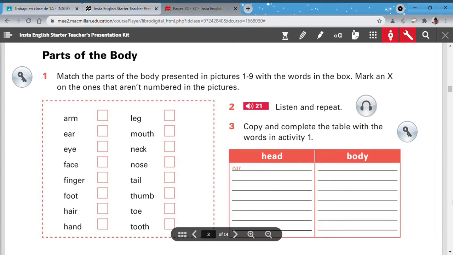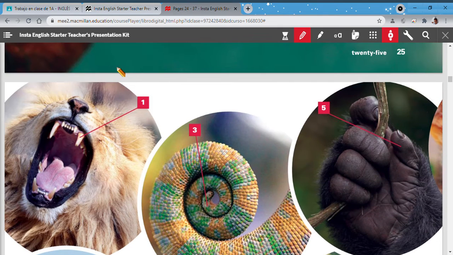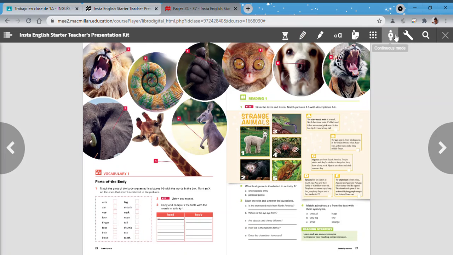Okay, this is our vocabulary. Now tell me, here I have some pictures, no? 1, 2, 3, 4, 5, 6, 7, 8, and 9.